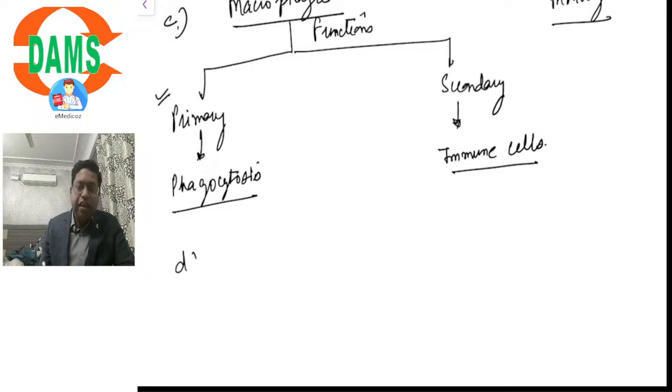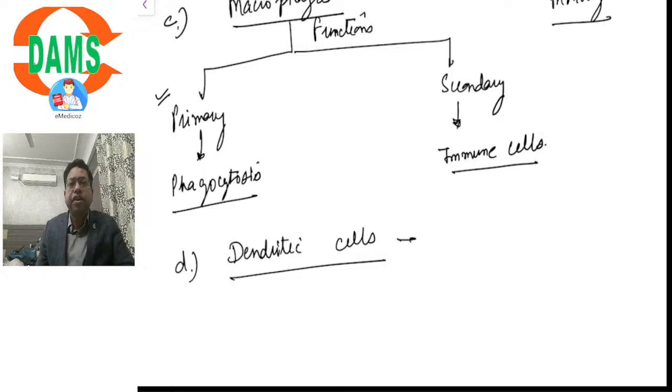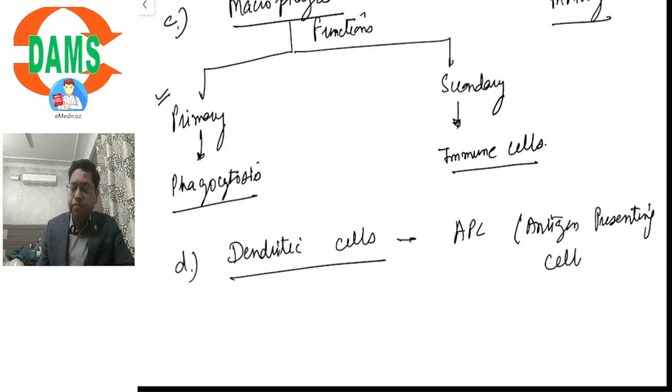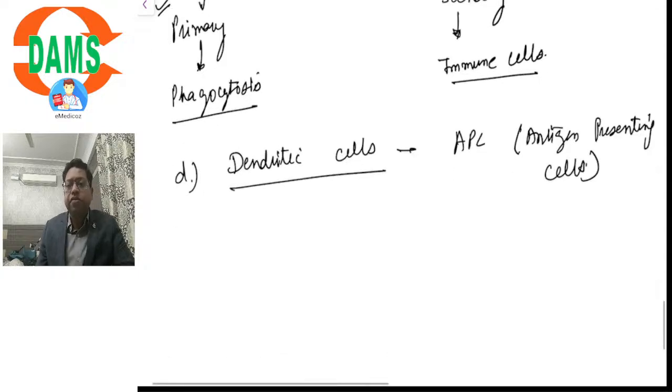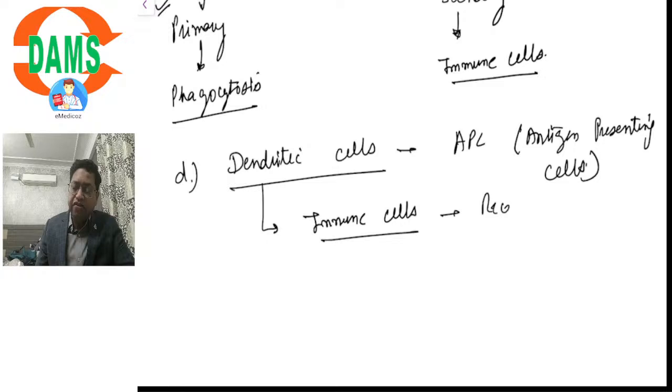Then another cell type present in the pulp is the dendritic cells. These dendritic cells are also called APC or antigen presenting cells. They are principally the immune cells of the dental pulp. They recognize antigen.